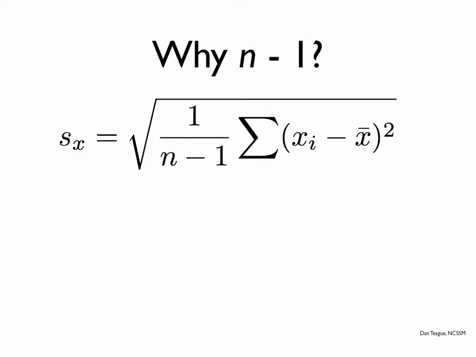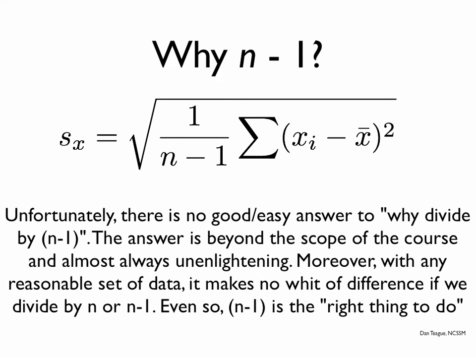So why do we use n minus 1? Dan Teague at the North Carolina School of Science and Math is kind of a statistics guru, and he says, unfortunately, we don't have a good or easy answer to why divide by n minus 1. The answer goes beyond the scope of the course and almost always is unenlightening.